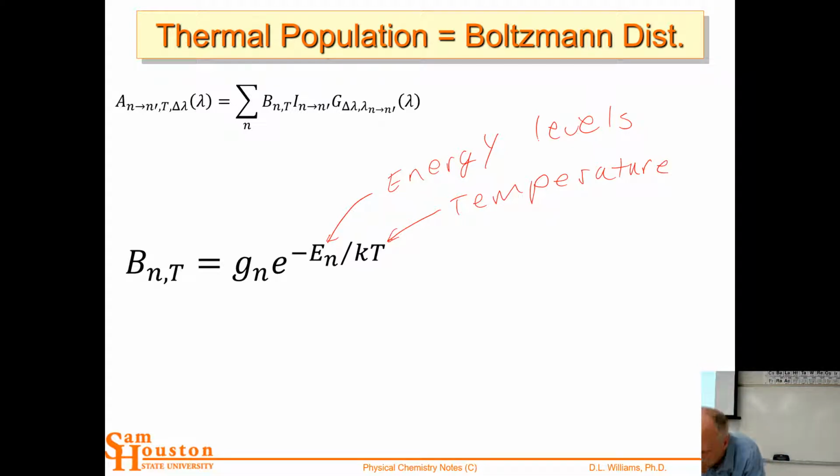This g of n is degeneracy. So you've already experienced this degeneracy term. Think about the s orbitals. It's just one s or two s, but the 2p, there's three of them. So the 2p orbitals, it's a degeneracy of 3.